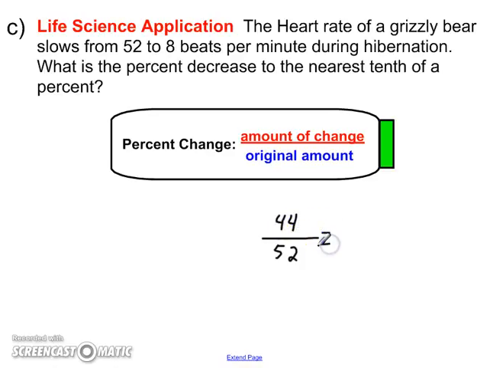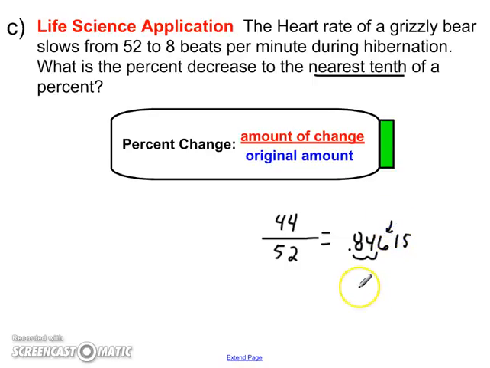Okay, so now 44 divided by 52 is 0.84615. I'm going to go that far for now. And we are bumping the decimal 2 places to the right. And we are rounding to the nearest tenth. So tenths will be right there.